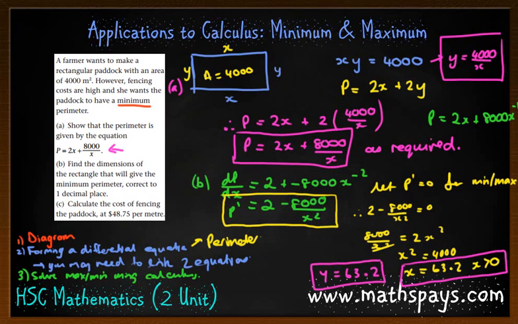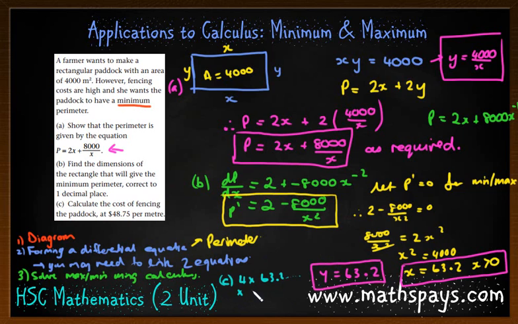Okay, my last part of my question, I'm struggling for room here. It says calculate the cost of the fencing. Well, I've got 4 times 63.2. I'm going to use whatever's in my calculator.